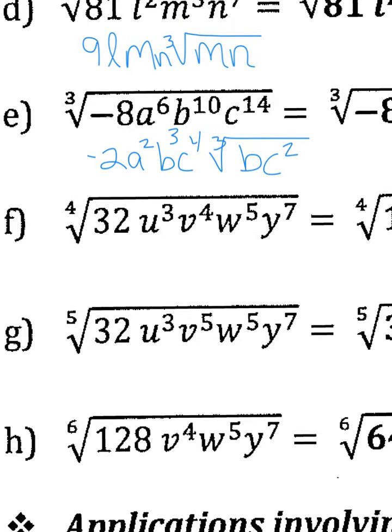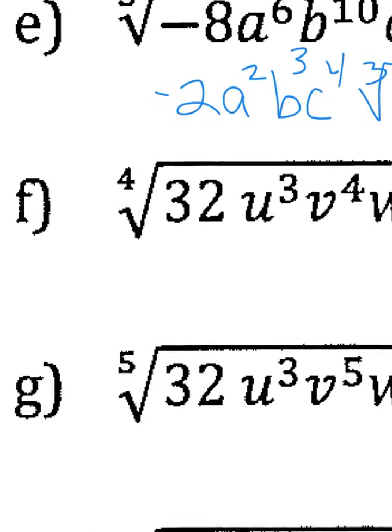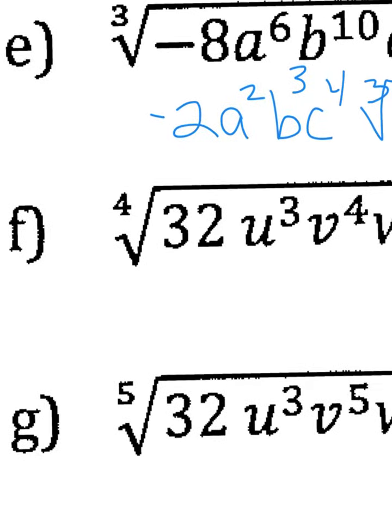Okay, so we're looking for a 4th root now of 32, and once these indexes get a little bit higher, you really need to probably use the tree to find your groups of 4. So I'm going to zoom in, and I'm going to use the tree on the 32. 32 is 8 times 4.